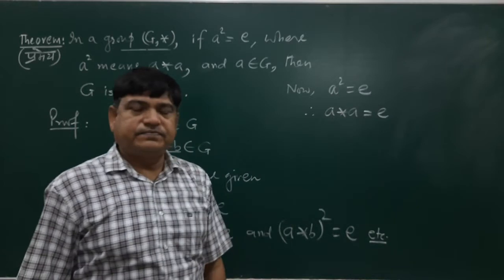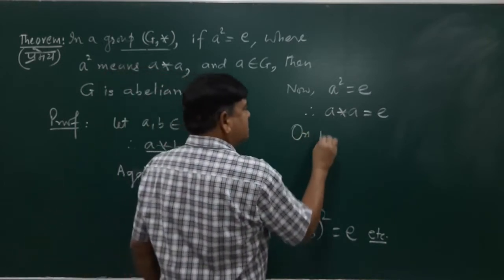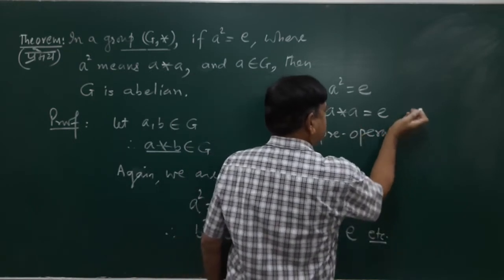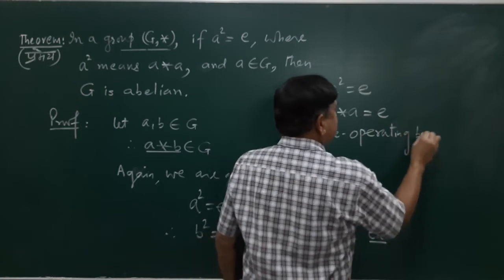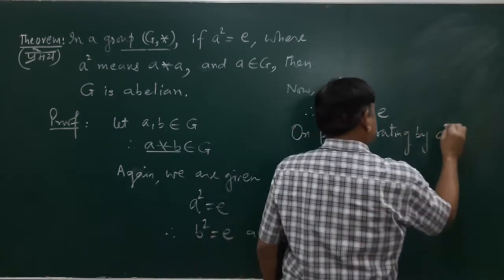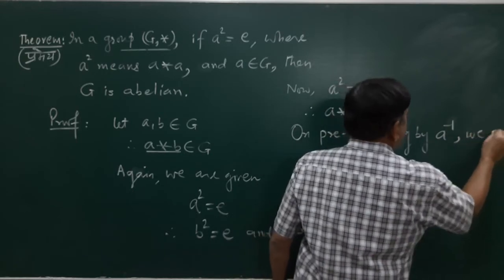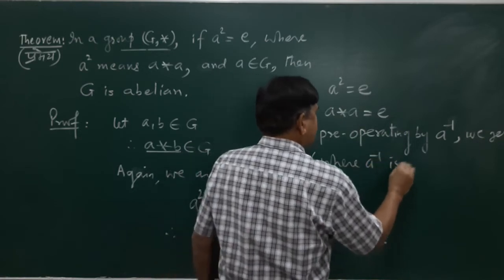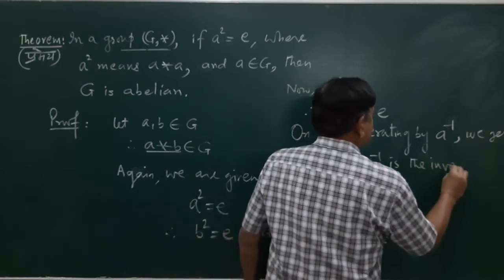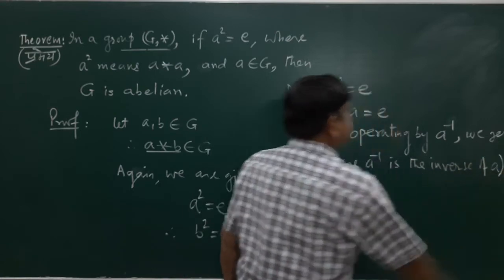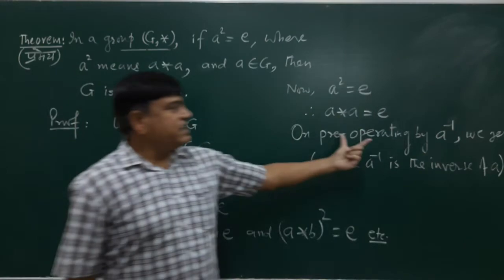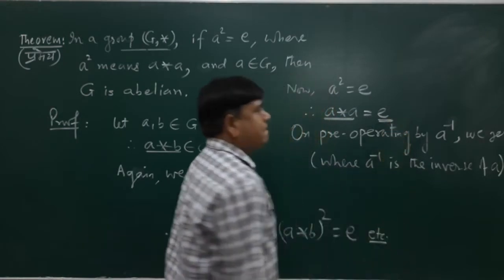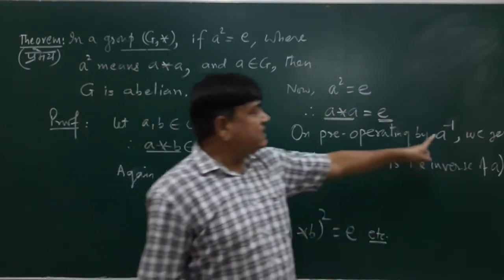It means A star A equals E. On pre-operating by A inverse, where A inverse is the inverse of A. Pre-operating means from the left first. This is one side, this is the other side. We operate with what? With A inverse.